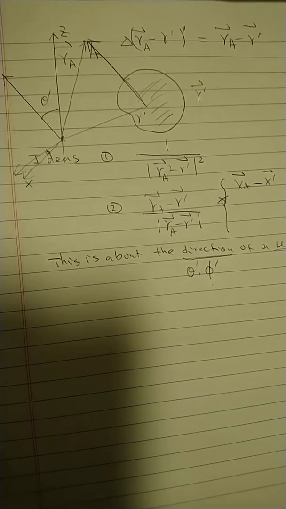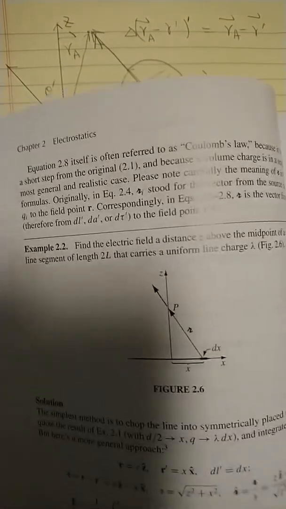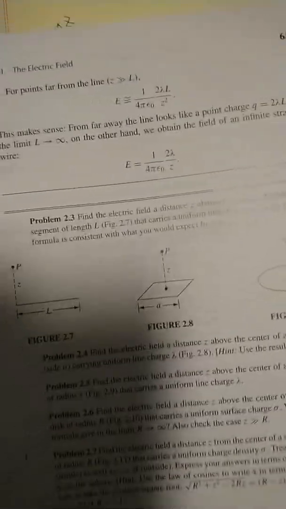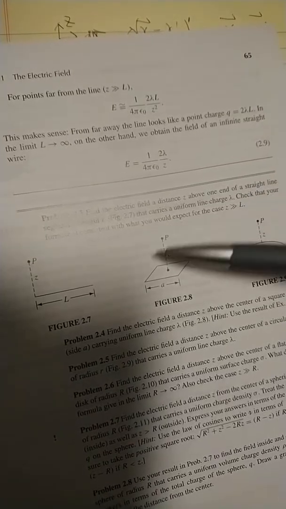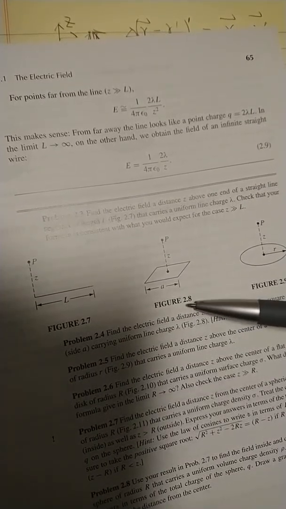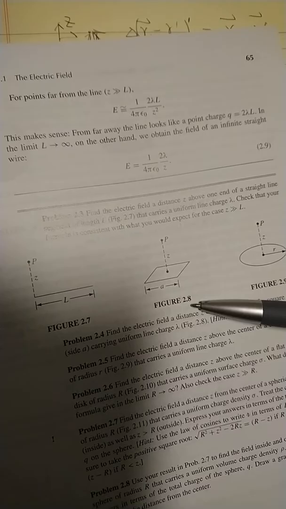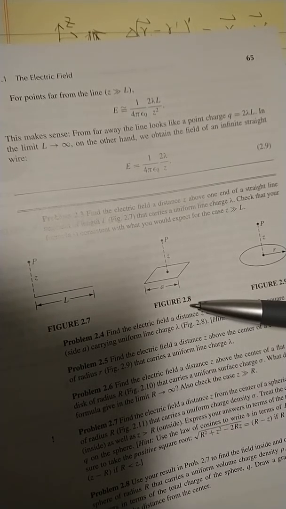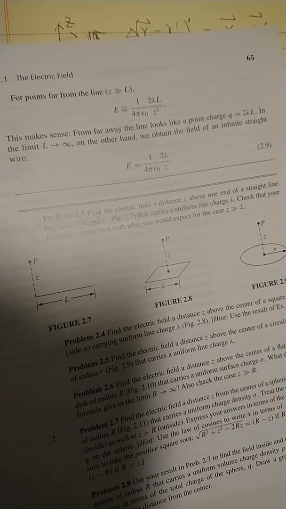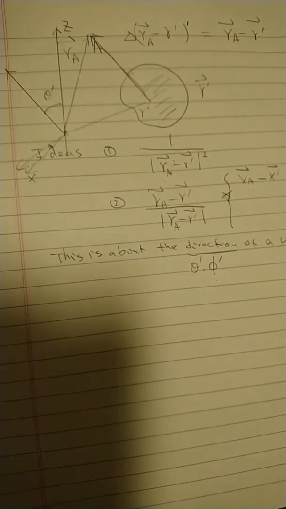Now I'm going to show you two examples. The first example, which we did already in class, like this. Let me turn the page here. This example we already explained. Now I'm going to use two additional examples, figure 2.8, where I'm going to choose these direction vectors.